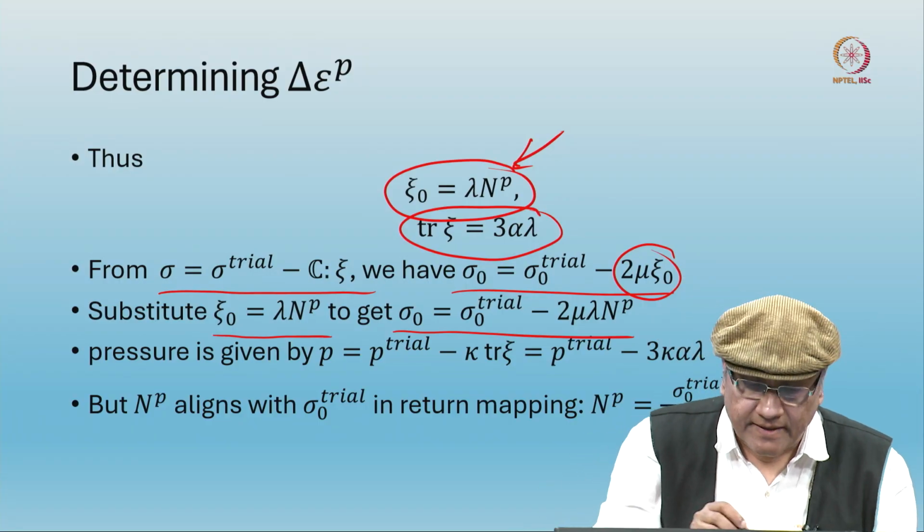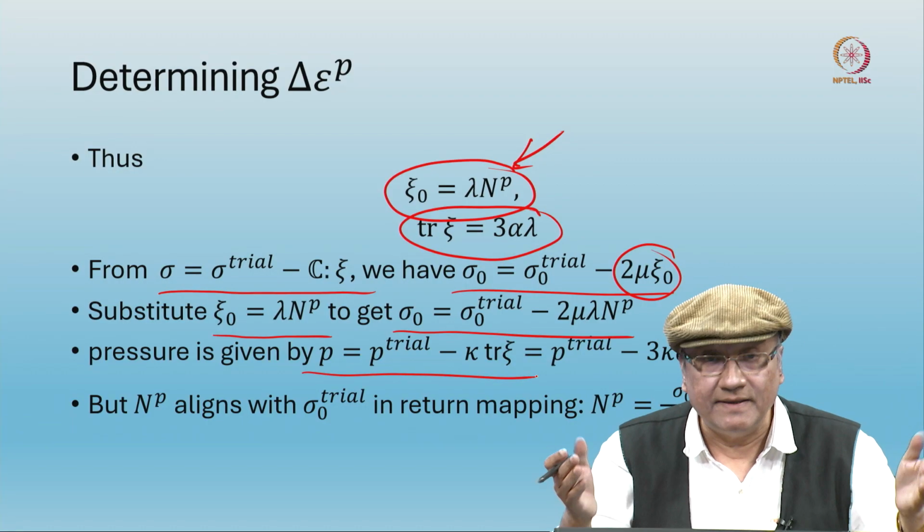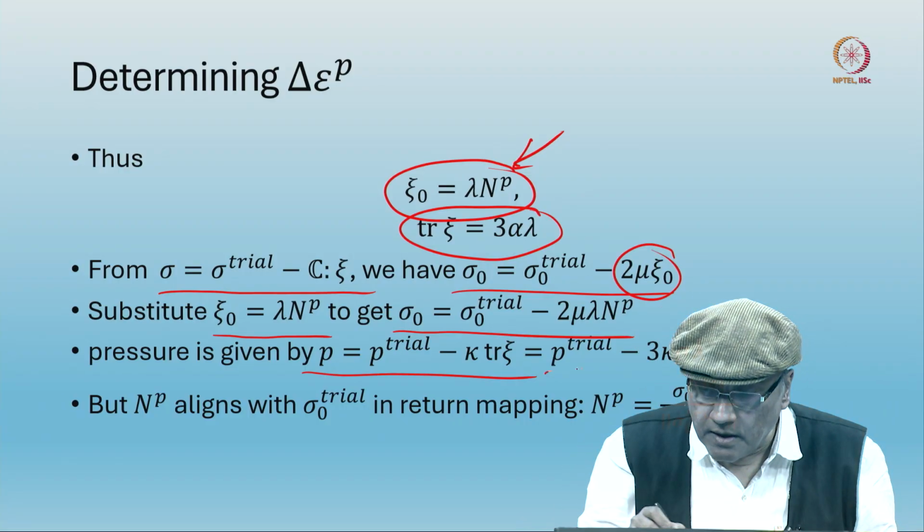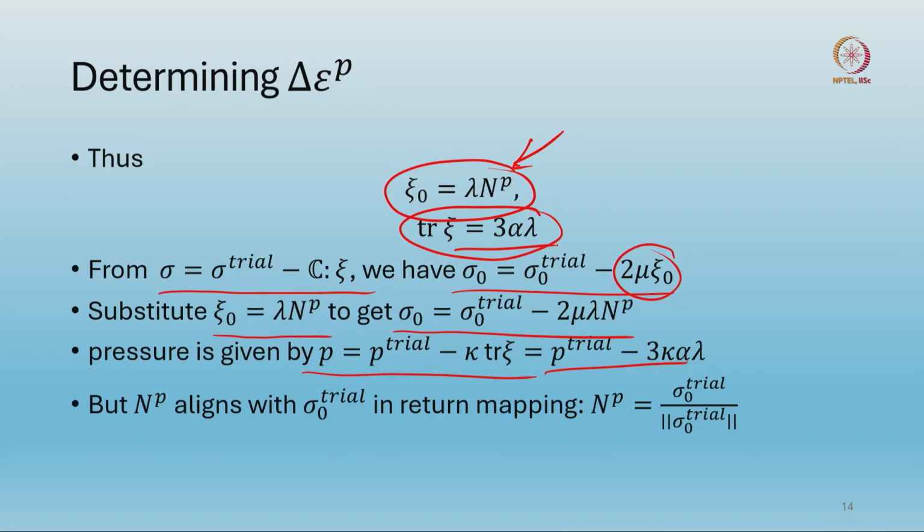Now, pressure is clearly given by the pressure trial minus, similarly, kappa times trace of xi. So, now recall from trace of xi the expression 3 alpha lambda, and observe that I can write this as P trial minus 3 kappa alpha lambda. Now, clearly Np corresponds to sigma 0 trial, the deviatoric part of the trial stress. So, I can write that Np is also equal to sigma 0 trial divided by the norm of sigma 0 trial.